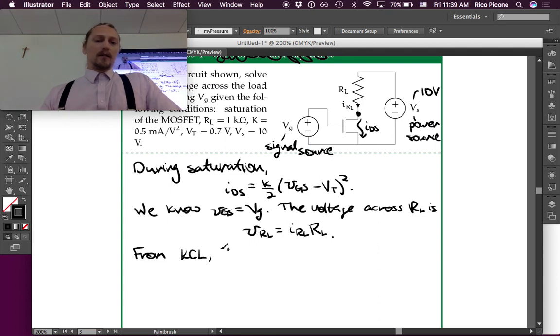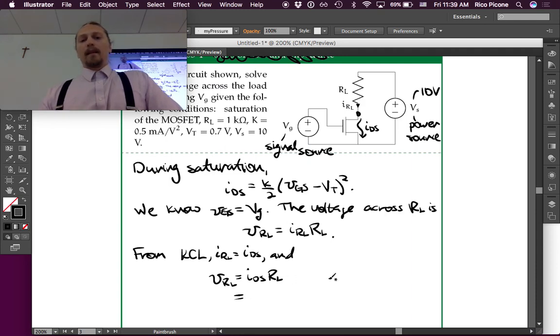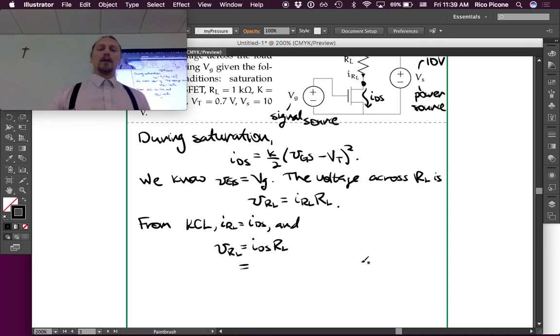So IRL equals IDS. And now we can rewrite the voltage across the load as IDS times RL, and we already solved for IDS.